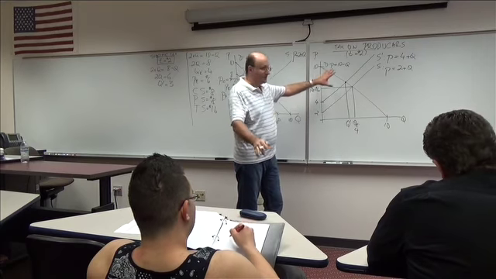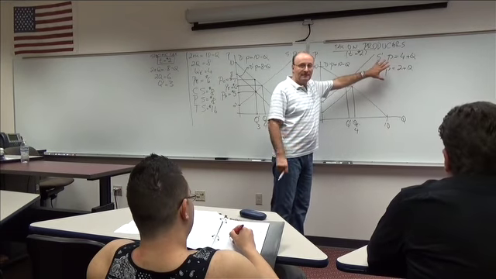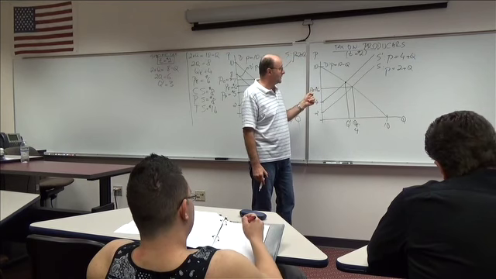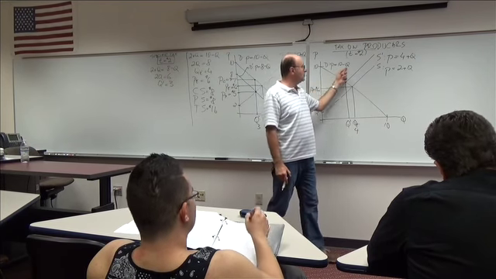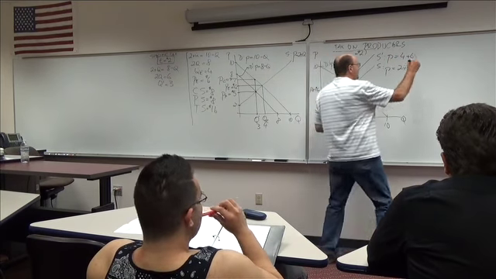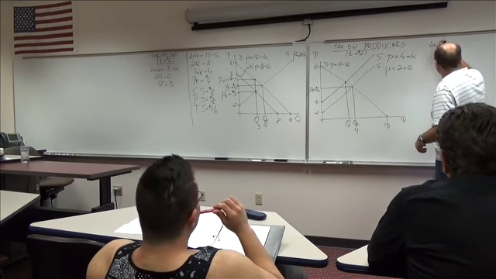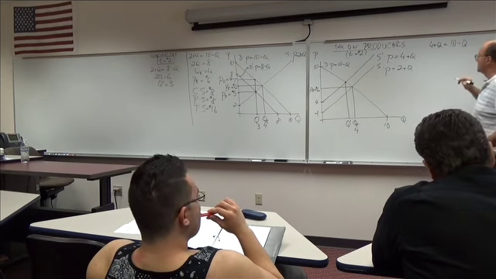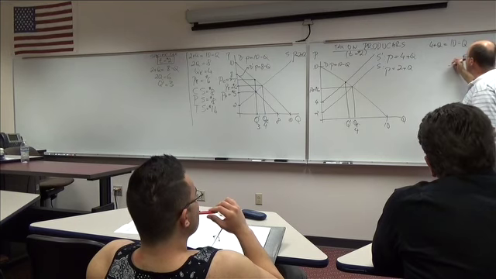Set it equal to each other. Set what equal to each other? You're right. Demand and S prime. 10 minus Q equals 4 plus Q. Very good. So when we set 4 plus Q equal to 10 minus Q, you solve it.